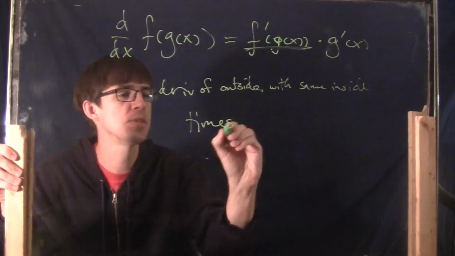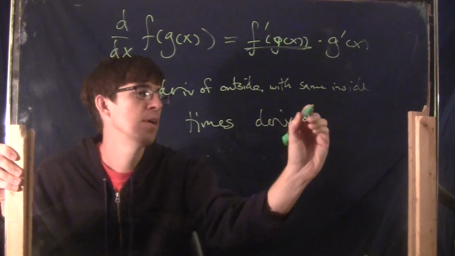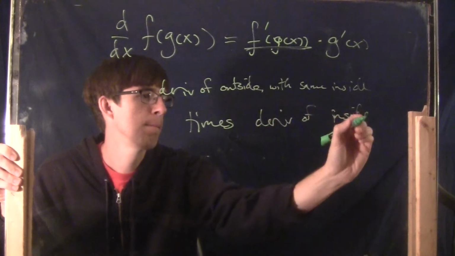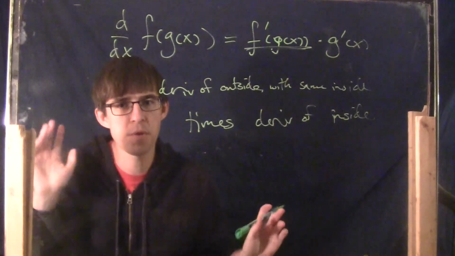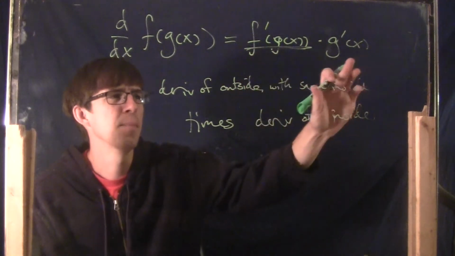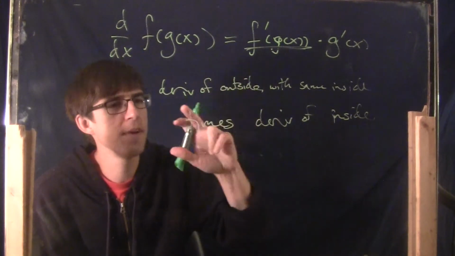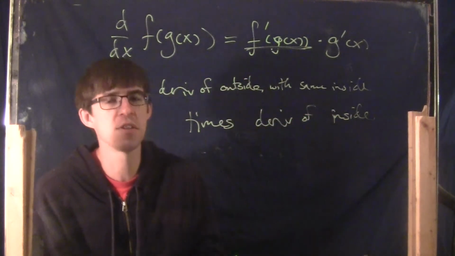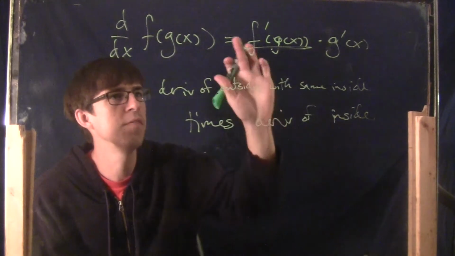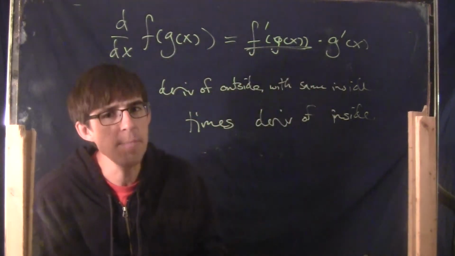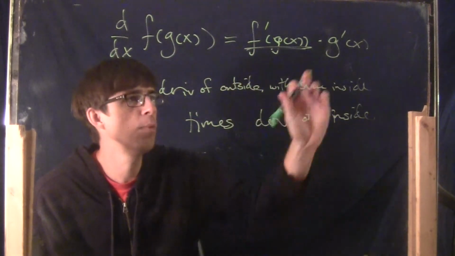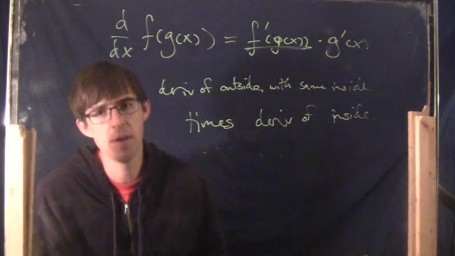So times derivative of the inside. All right? That's how I would remember this, sort of in words. Actually, I don't really memorize this as a formula, although you can if you want to. For me, I find it more helpful to memorize this little slogan here. You take the derivative of the thing on the outside, leaving the same thing on the inside, and then you multiply by the derivative of the inside.